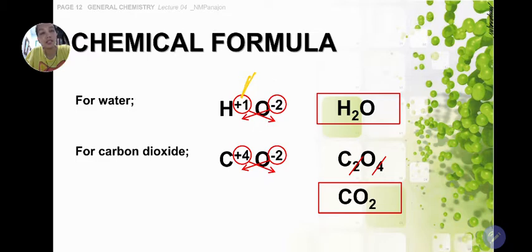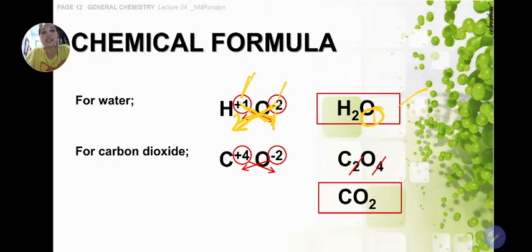Ito yung oxidation states nila. Iko-cross multiply lang natin sila. Kapag kinross multiply natin sila, yung 2 mapupunta sa hydrogen, yung 1 sa oxygen, which is hindi na natin sinusulat sa chemical formula. It's understandable kapag walang number na subscript, ibig sabihin 1 siya. That's why magiging H2O yung chemical formula natin for water.